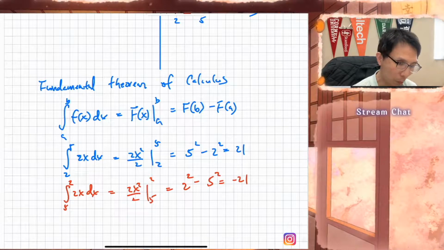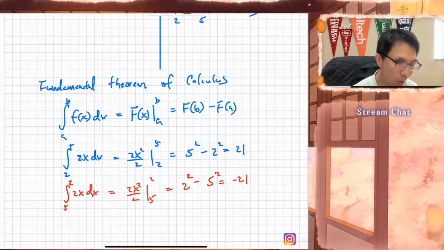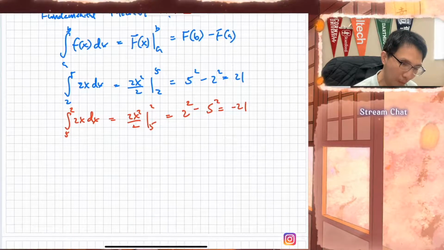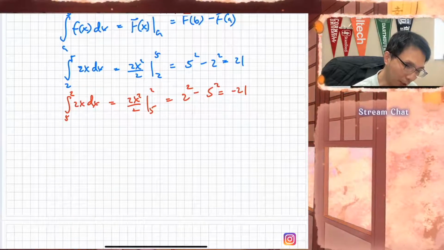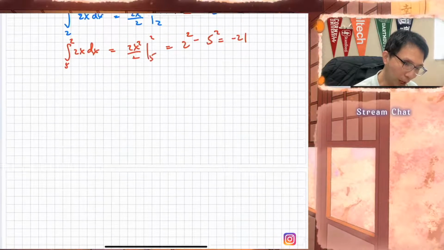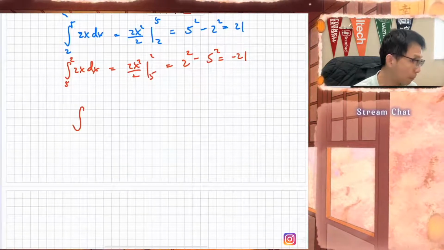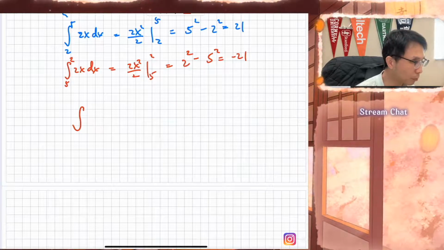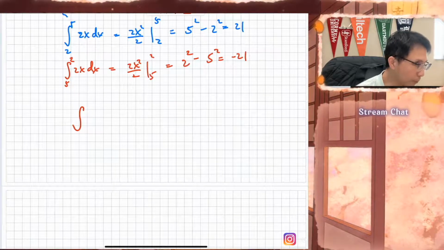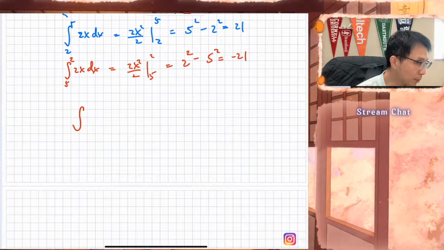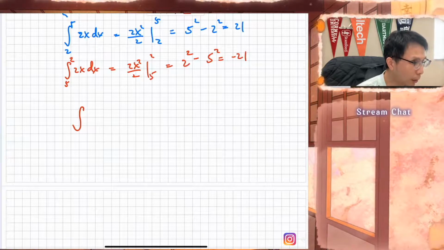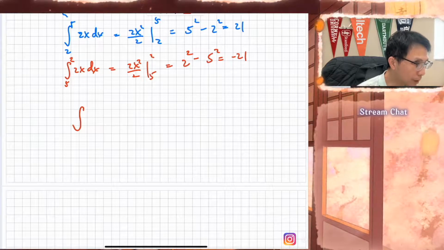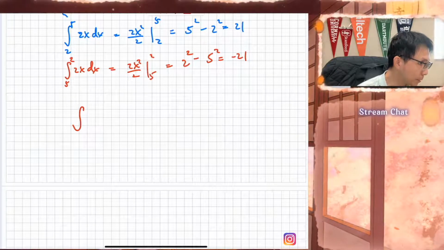With that being said, what would it be if I have a different type of question? So what happens if I have an equation of, let's give one that's kind of special. Let's see what we have. Integration, fundamental theorem.